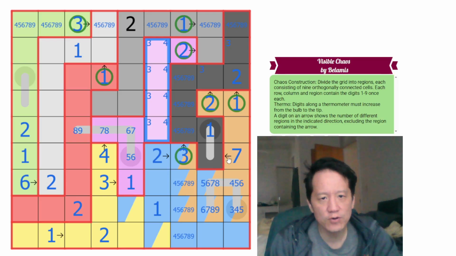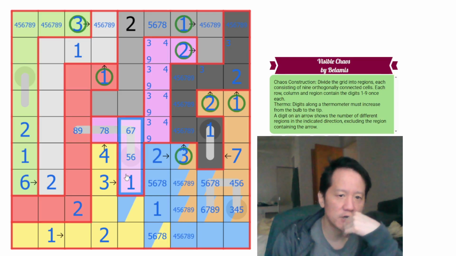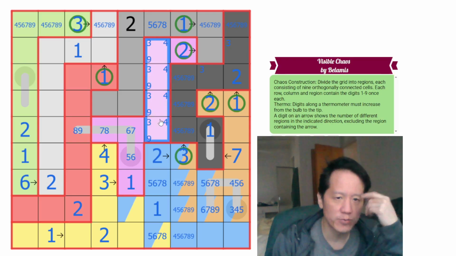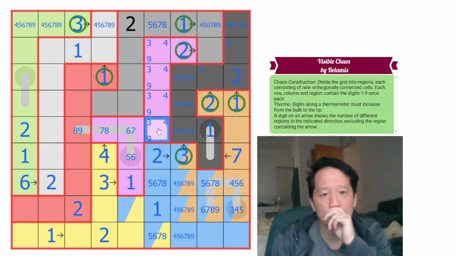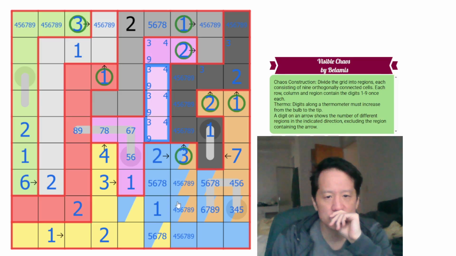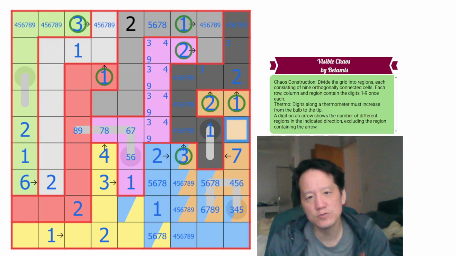So we know 3, 4, and 9 have to be here, which means this can't be 4 or 9. This can't be 4 or 9, so it's 5, 6, 7, 8. And this can't be 4 or 9, so it's 5, 6, 7, or 8. Because we need a 3, 4, and 9 in the pink, and they have to be all in these rows. This can't be 1, 2, or 7. So it's 3, 4, 5, 6, 8, or 9.